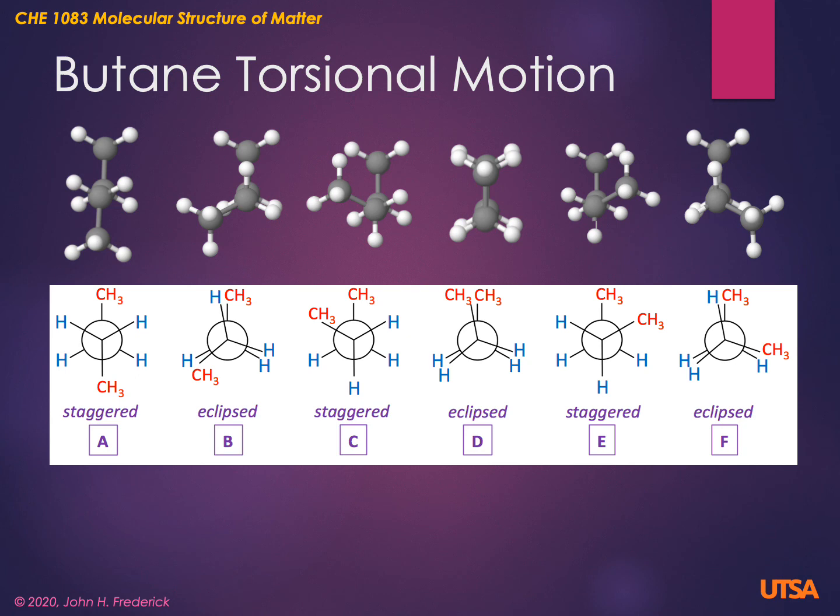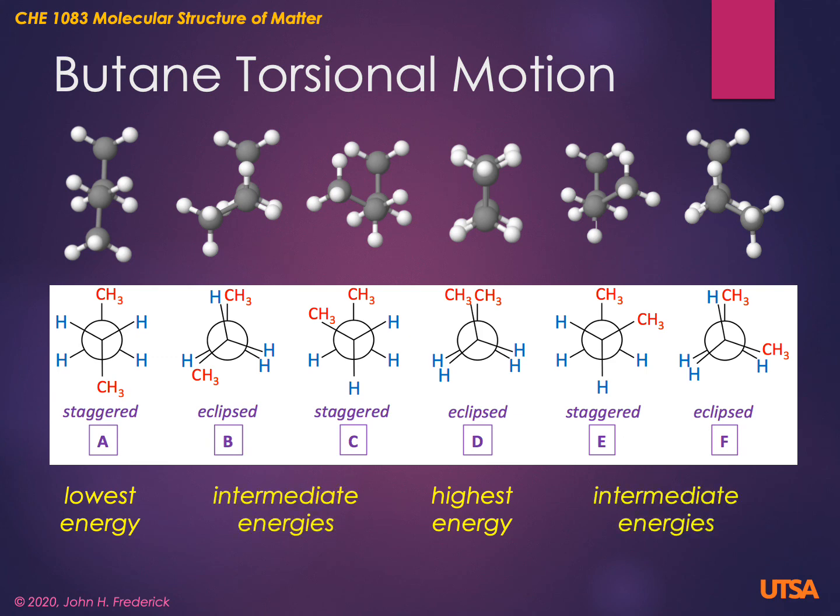They're mirror images of one another. And the one above C and the one above E are very similar. They're like mirror images of one another. The one where the two methyl groups are anti to one another, that's the lowest energy conformation. When the two methyl groups are eclipsed with one another, that's the highest energy. And then the others are in intermediate energies that will be in between that lowest and highest.